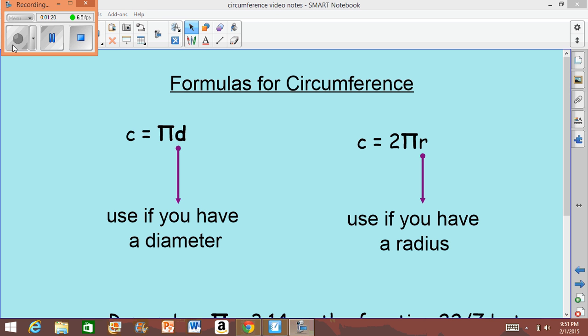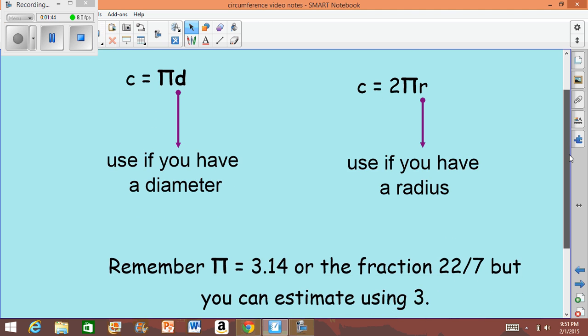For circumference, we have two different formulas that we can use. We use our first formula if we have a diameter. So formula number 1 is C, which stands for circumference, equals pi times diameter. If you have a radius in your circle, then you will use the formula C equals 2 times pi times the radius.